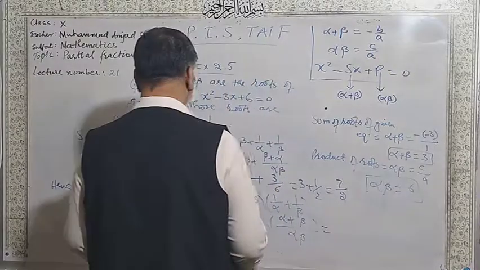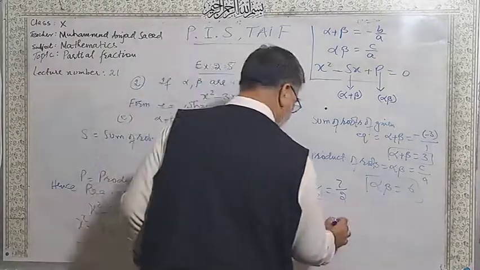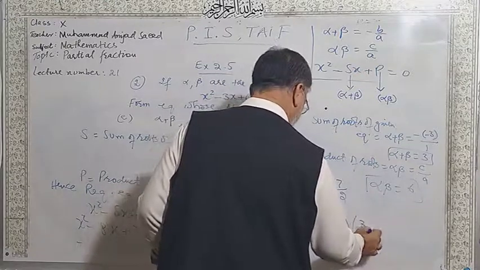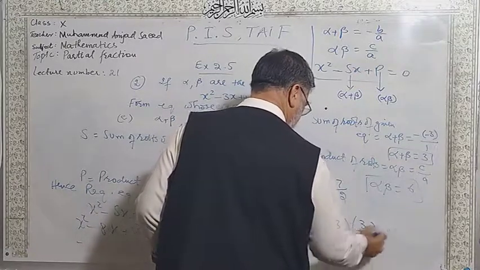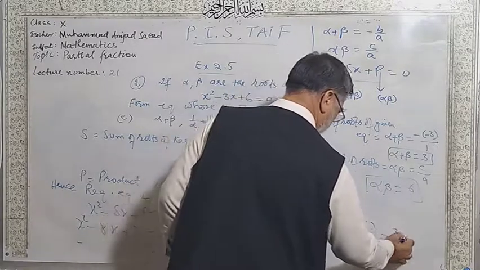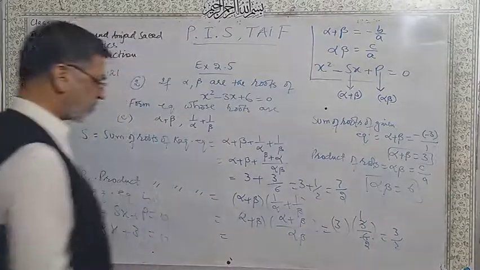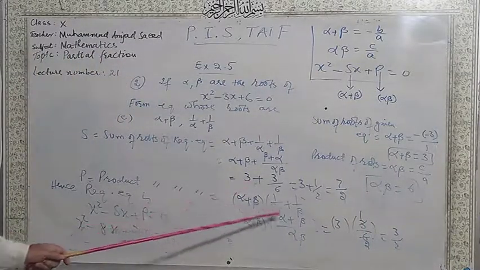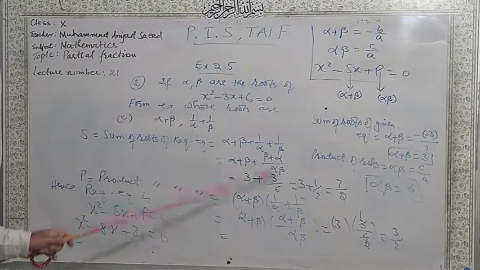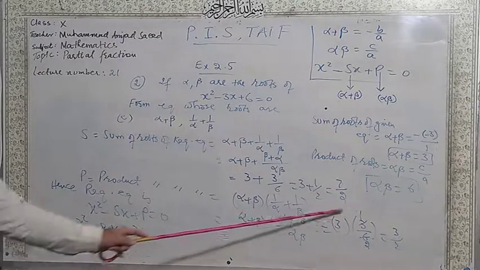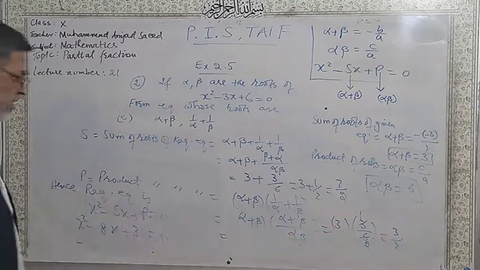Here is alpha plus beta is 3 into alpha plus beta is 3 over 6. 3 1 the 3, 3 2 the. That is 3 over 2. This is product of roots, taking LCM just like that, only putting the values and simplifying. 3 1 the 3 over 2.